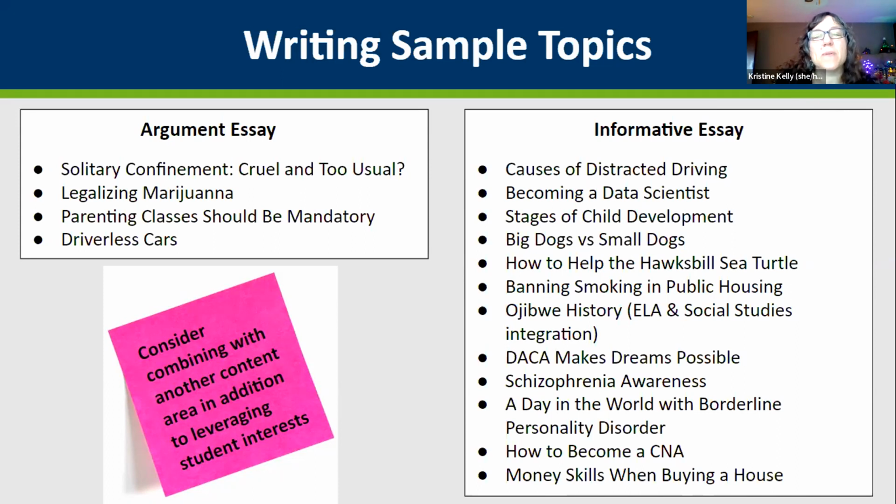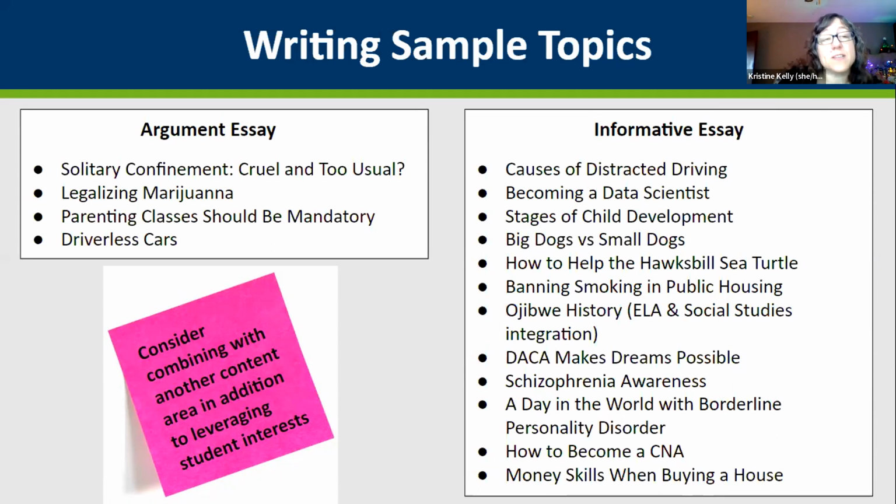There are lots of examples, students doing a deep dive into a potential career pathway, like becoming a data scientist or how to become a CNA, and mental health topics. Students are writing on schizophrenia awareness, a day in the world with borderline personality disorder. These are really powerful.